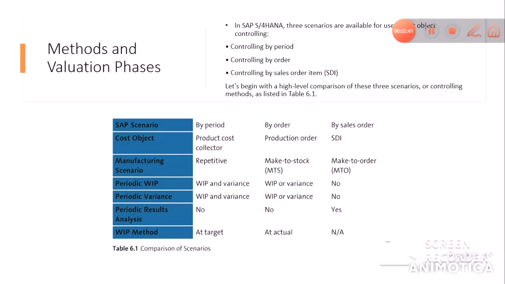Methods and valuation phases. In SAP S/4HANA, three scenarios are available for use of cost object controlling: controlling by period, controlling by order, and controlling by sales order item.